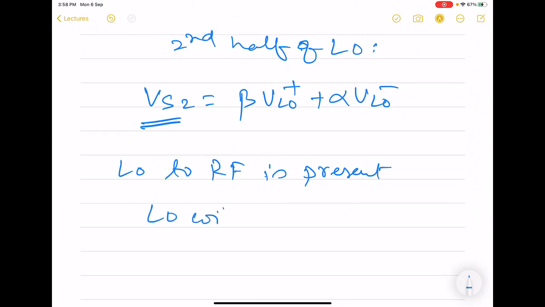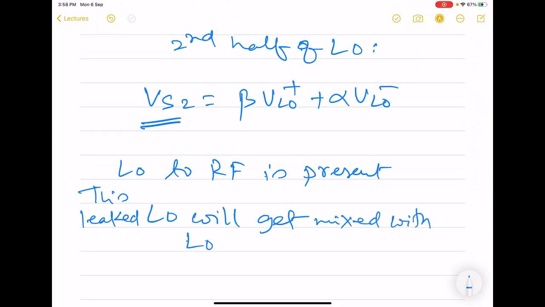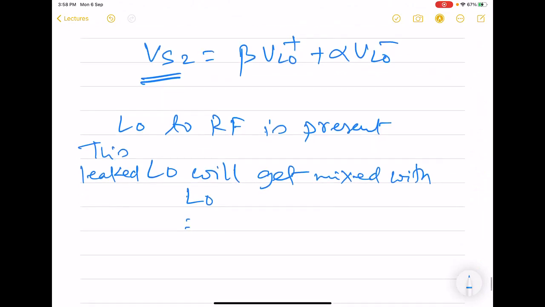This leaked LO will get mixed with LO. And we have seen that this will lead to DC at the RF port.